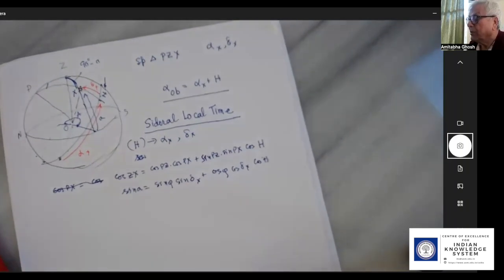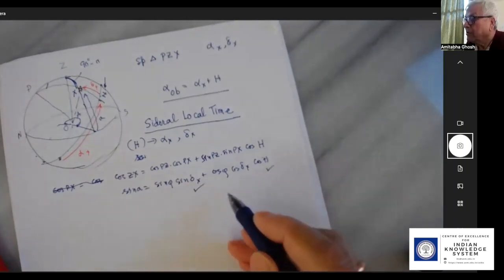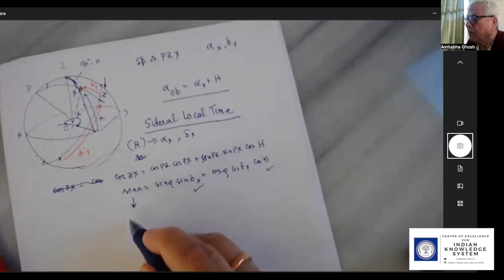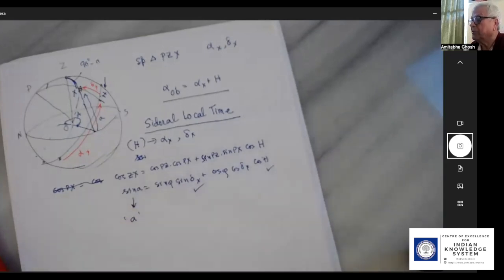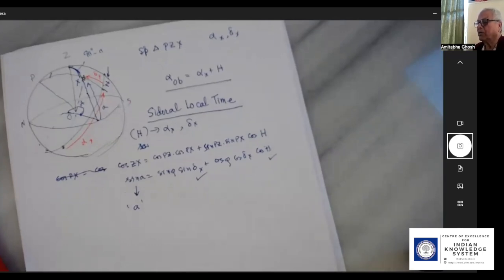Now in this equation, delta x has been given, h has been given, so you can find out A. So the altitude you have been able to find, that is in the horizontal coordinates.